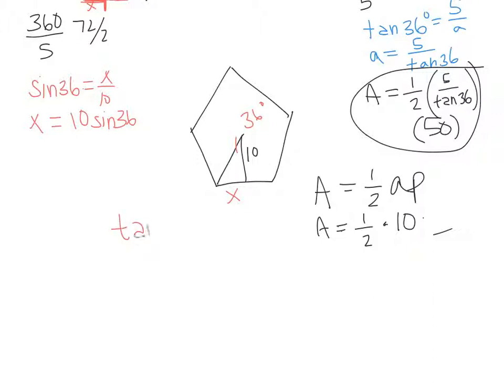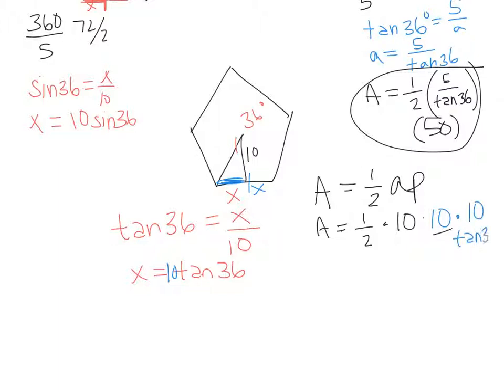The tangent of 36 equals x over 10, so x equals the tangent of 36 times 10. I'll put 10 tangent 36. But there are going to be 10 of these around the outside. So the perimeter is 10, because there are 10 of these x's, times 10 tangent 36.